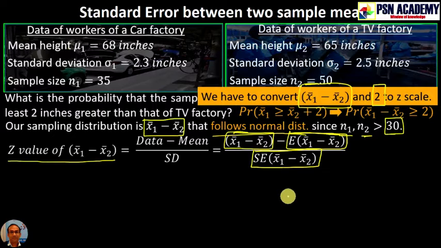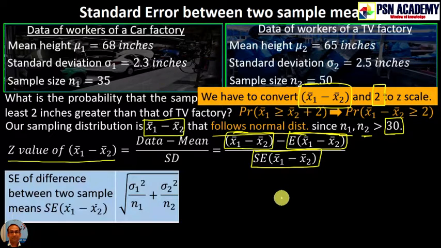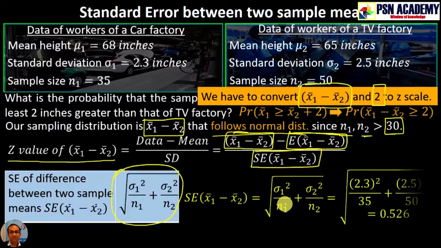Clear? Now, two or three slides back, we saw that the standard error of the difference between two sample means goes like this: root over sigma 1 square by n1 plus sigma 2 square by n2. So I put this here. This is the formula.